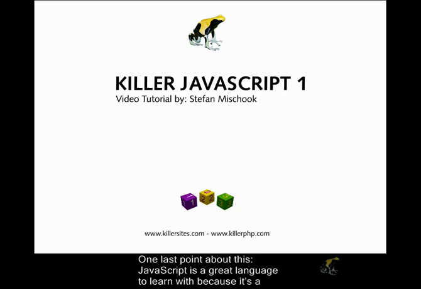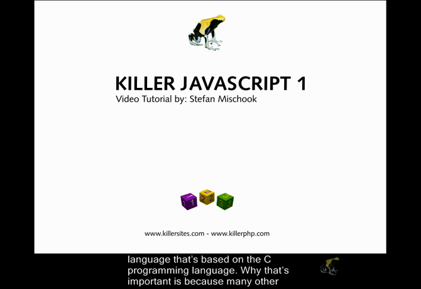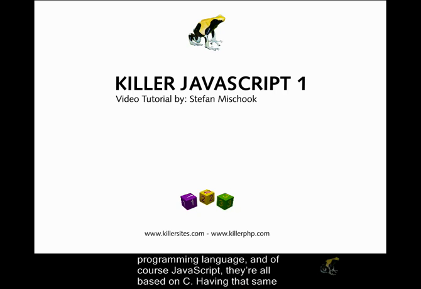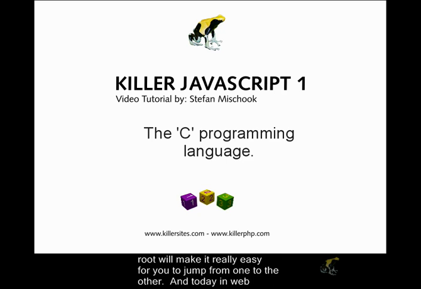And one last point about this: JavaScript is a great language to learn with because it's based on the C programming language. And why that's important is because many other languages, like I mentioned before, Java, C#, ActionScript, which is Flash's programming language, and of course JavaScript, are all based on C. So having that same root will make it really easy for you to jump from one to the other.